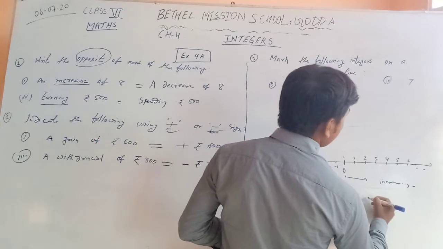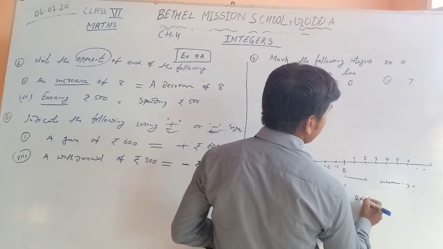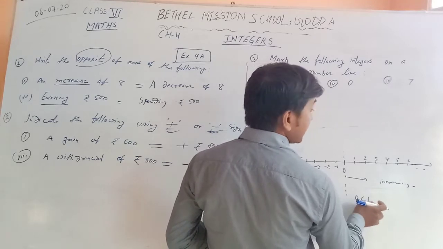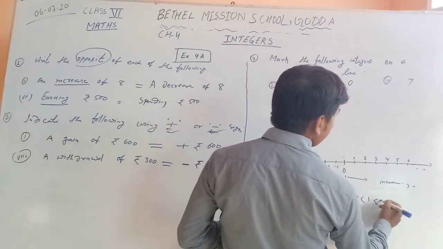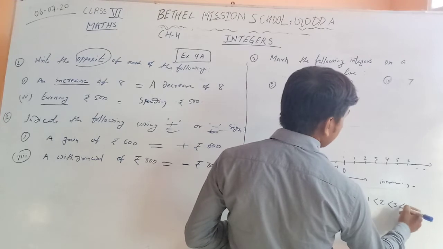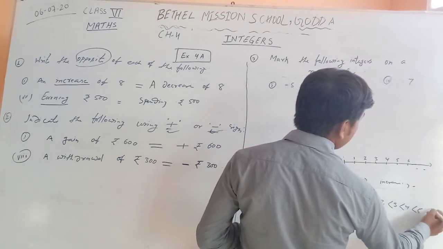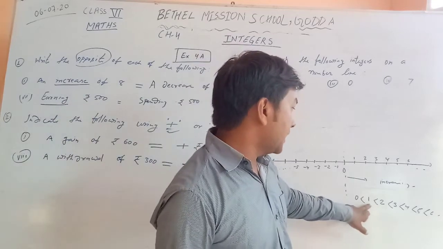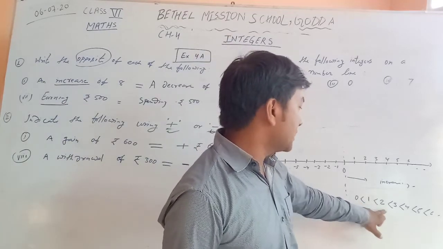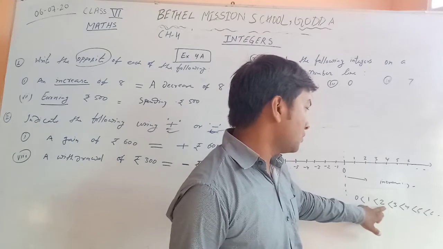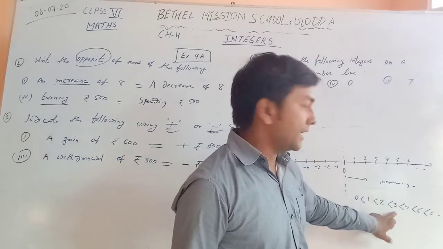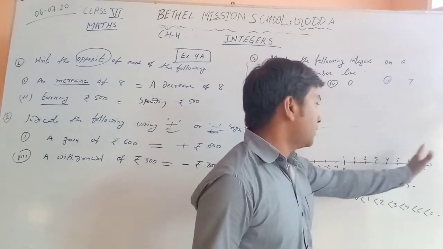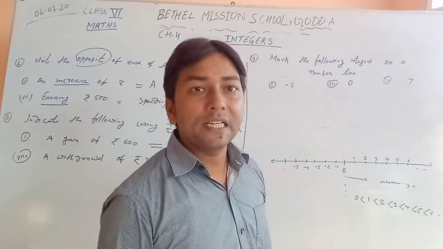It means 1 is bigger than 0, and then 2, 3, 4, 5, and 6, and so on. Means 1 is larger than 0, 2 is larger than 1, 3 is larger than 2, 4 is larger than 3. It means when you move right from the 0, the numbers are increasing.